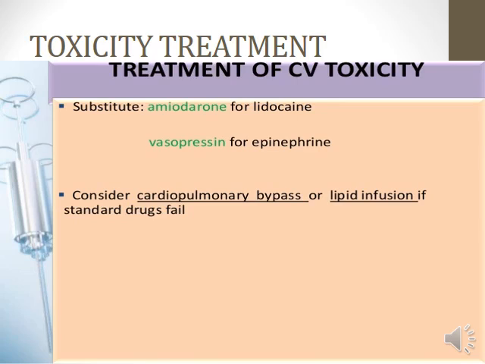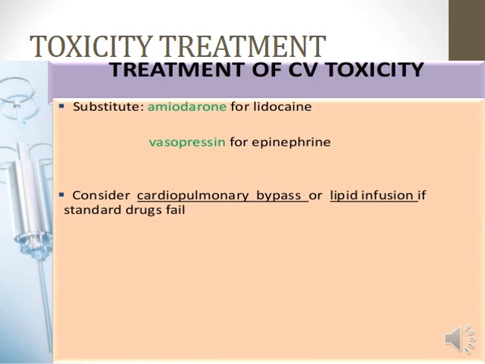So how to treat the CVS toxicity? We will first of all substitute imiprazole for lidocaine if the lidocaine is causing the CVS toxicity, and we will replace epinephrine with vasopressin if we have combined epinephrine with the lidocaine. So this combination should be remembered in order to deal with the CVS toxicity.